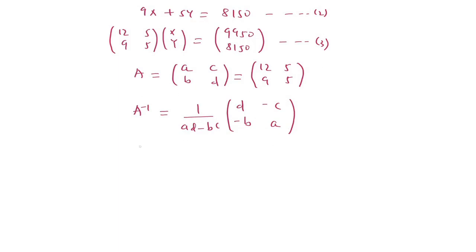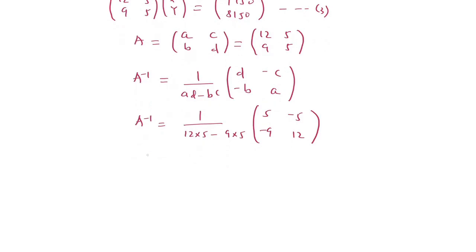Okay, so now let us substitute the values which we have. Then A inverse is going to be 1 over (12 times 5 minus 9 times 5) times matrix [5, -9; -5, 12].